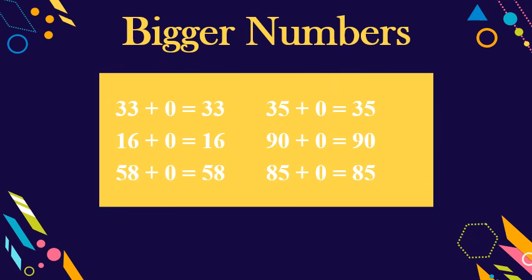No matter whatever the number is, for bigger numbers we follow the same rule. 33 plus 0 equals 33, 16 plus 0 equals 16, 58 plus 0 equals 58, 35 plus 0 equals 35, 90 plus 0 equals 90, 85 plus 0 equals 85.